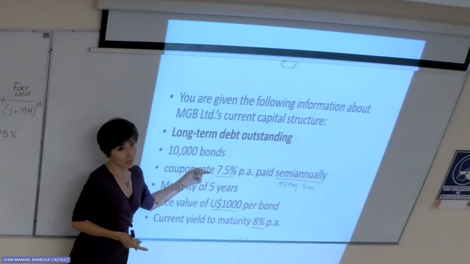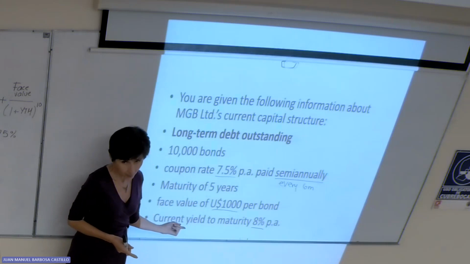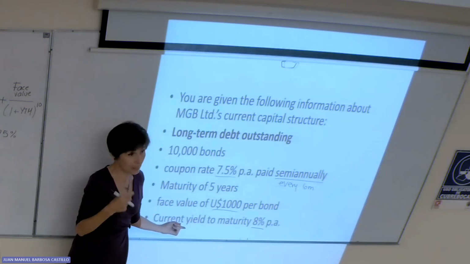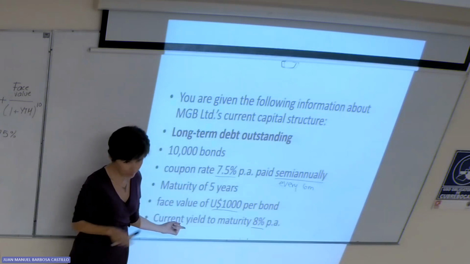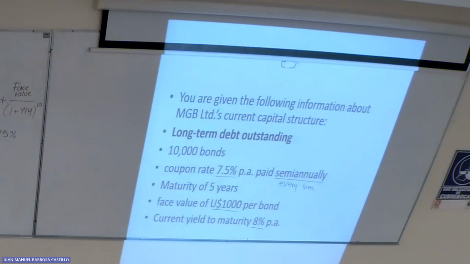If the coupon is lower than the yield to maturity, the price will be, because this is mathematical, lower than the face value. So the answer should be lower than $1,000.